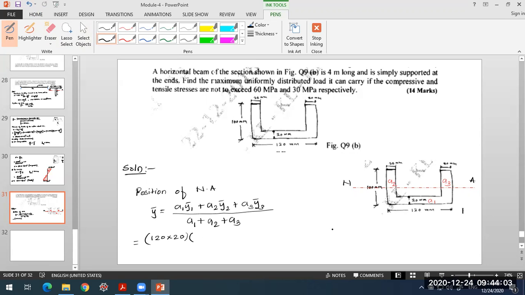Y1 bar from here it is 20 by 2 from the bottom of that section, 20 by 2 here, plus 2 into, because the other two areas are same, they are of 80 by 20.